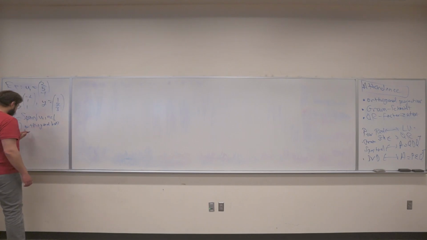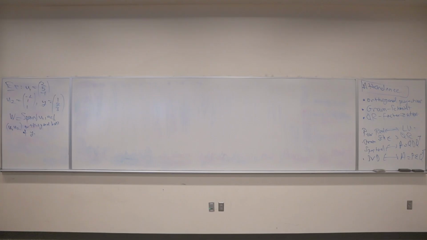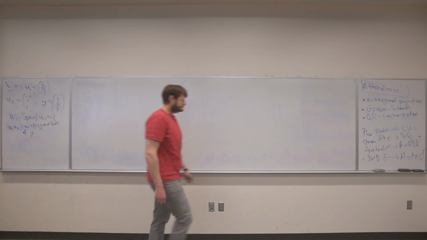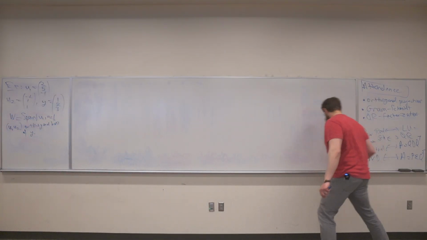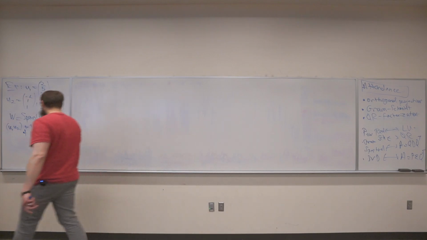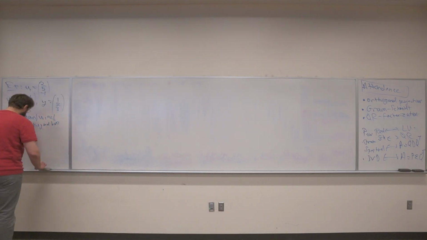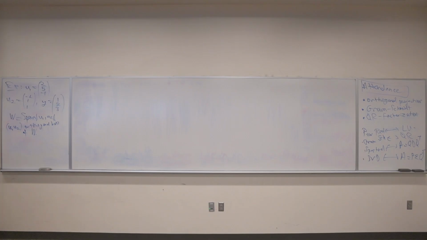Basis of y, w, sorry, of w. What else did we do? I think we computed the orthogonal projection. We did some calculations. I'm going to remind you the formula in a second also.